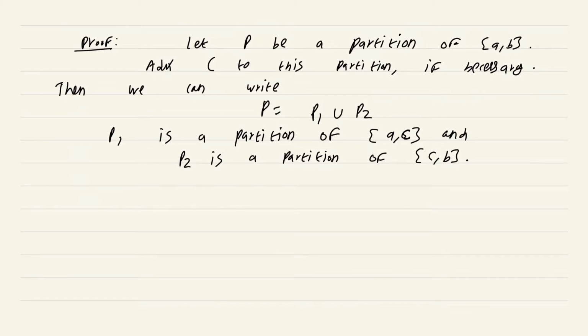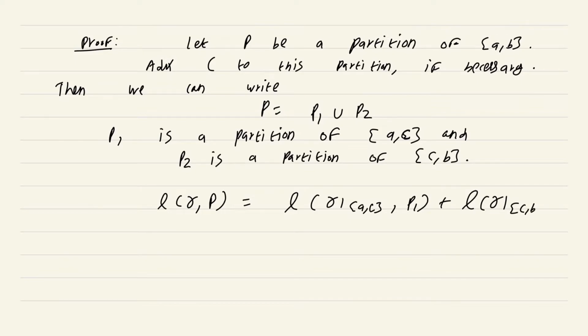Now that you do this, it's clear that the length of gamma with respect to the partition P is nothing but the length of gamma restricted to [A, C] with respect to P1 plus the length of gamma restricted to [C, B] with respect to P2.